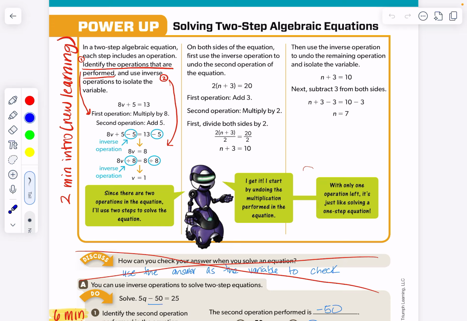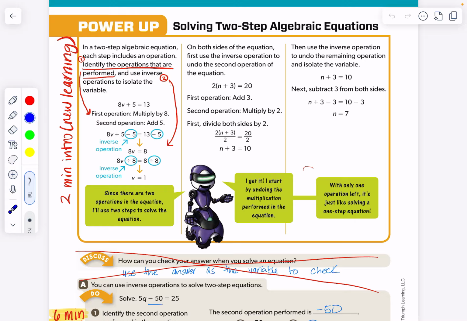So we know that the inverse operations that we are going to use in order to isolate the variable have to be division to undo this multiplication, as well as subtraction to undo this addition. Now we have to consider order of operations.